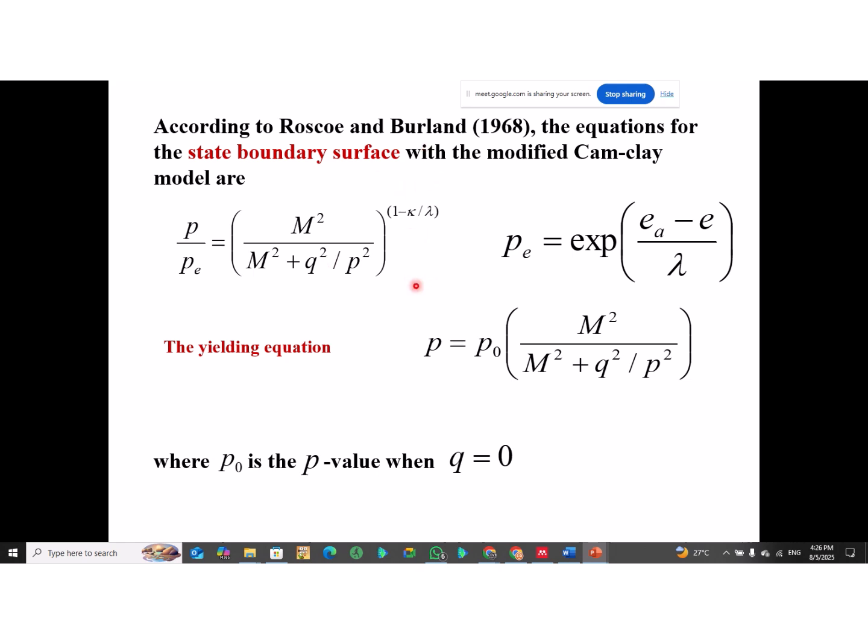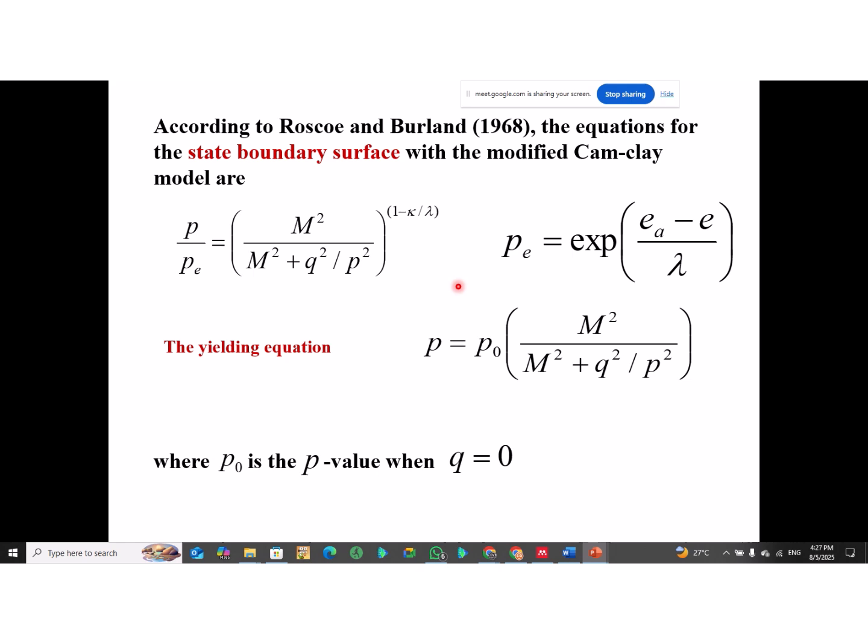They are found from the 1D consolidation test, when the horizontal axis is expressed in a log scale, in ln scale, sorry. You remember that?